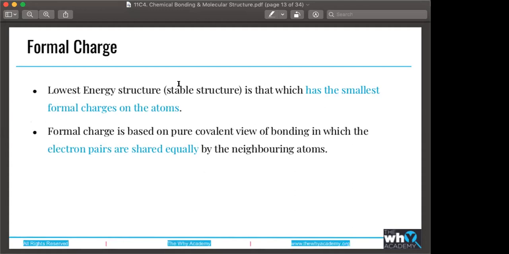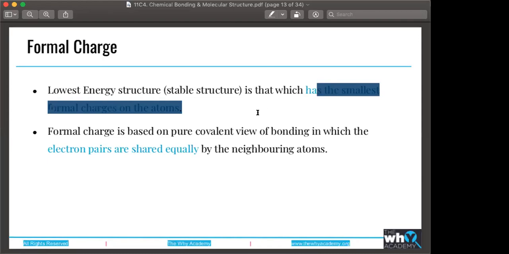These are the two main inferences that you can get from formal charge: when you calculate the formal charge on each of the atoms, the most likely structure that the molecule exists as will be the one which has the smallest formal charges.